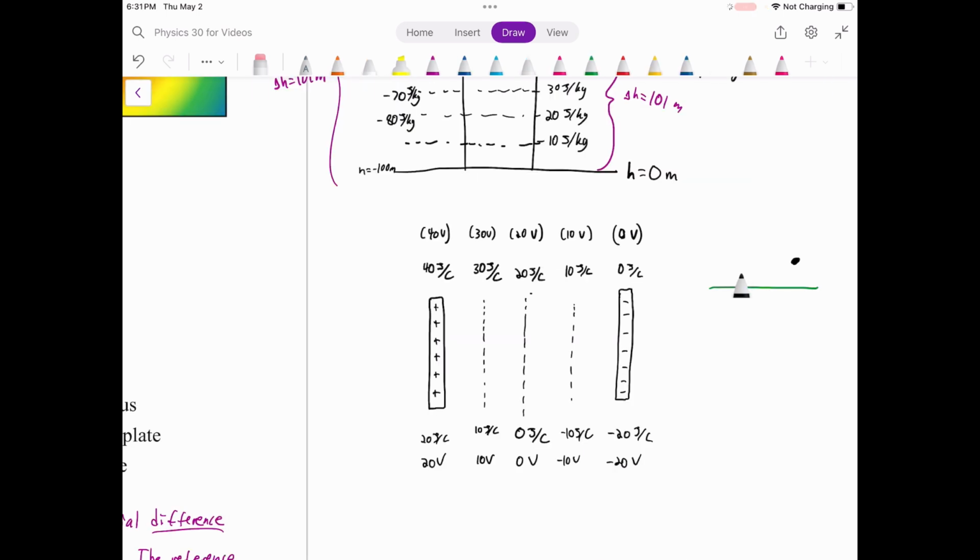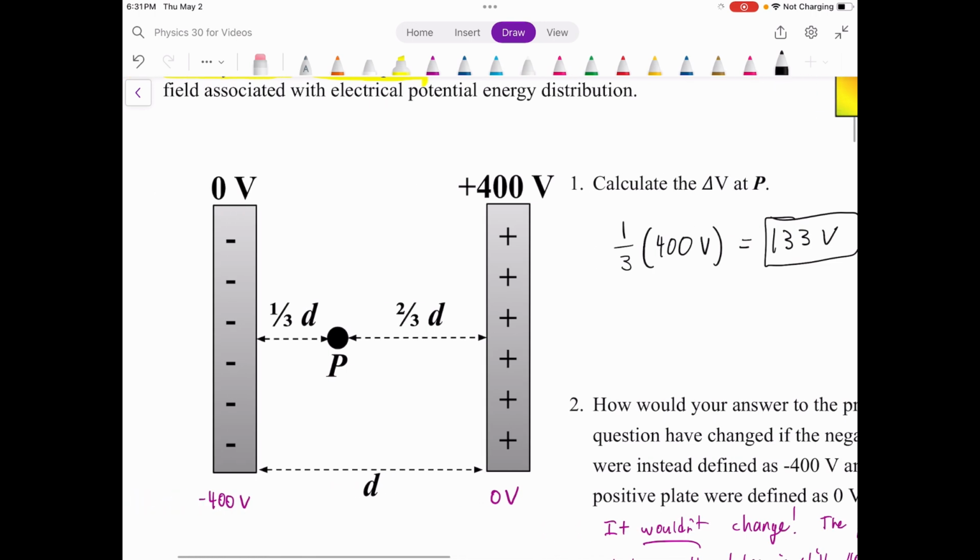Just like in a gravitational field, if I were holding a ball up here and there were a ball on the ground and I asked you to lift the ball until it had the same potential energy as this ball, right? Well, you'd start lifting it and you'd stop when it was at the same height. Same idea here, right? So a positive charge would experience the same change in potential energy to go from here to here as it would to go from there to there, or there to there.